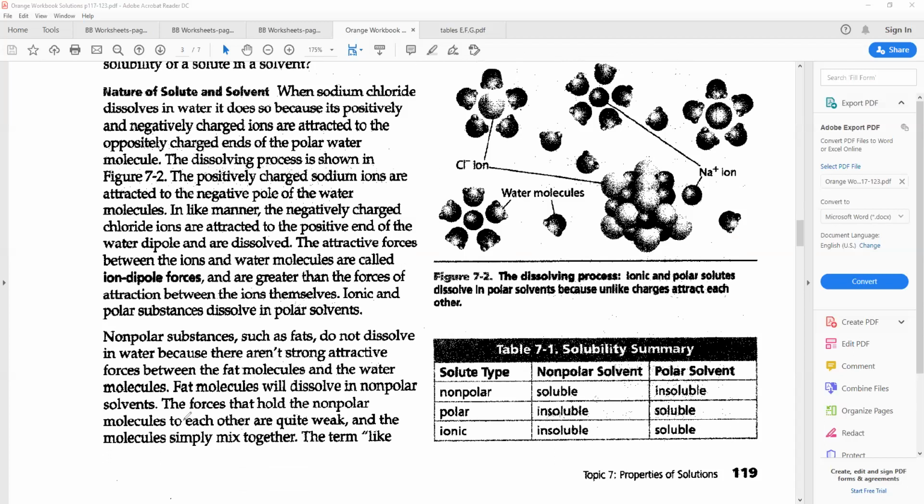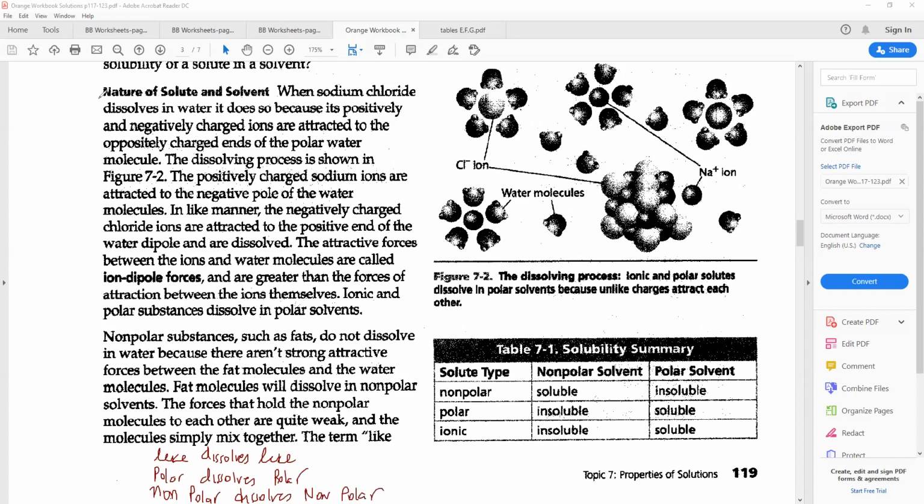Remember: like dissolves like, which means polar dissolves polar, and non-polar dissolves non-polar.